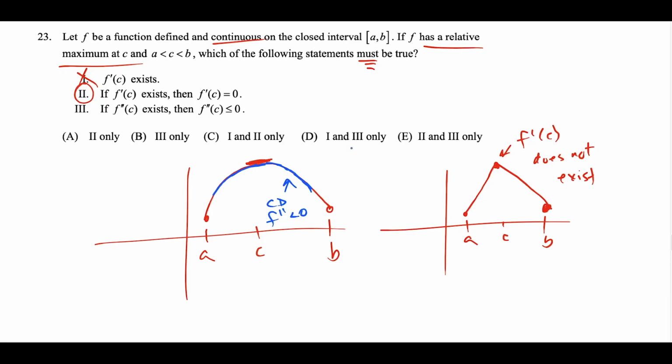But just know the second derivative test, you could also have a scenario where the second derivative equals 0, and you also have a local maximum or local minimum there. So the fact that they included the 0 was very important because, remember, you could have a scenario where the second derivative is 0 and you still have a local max or min. So choice 3, Roman numeral 3, is also true. Choice E is our answer.